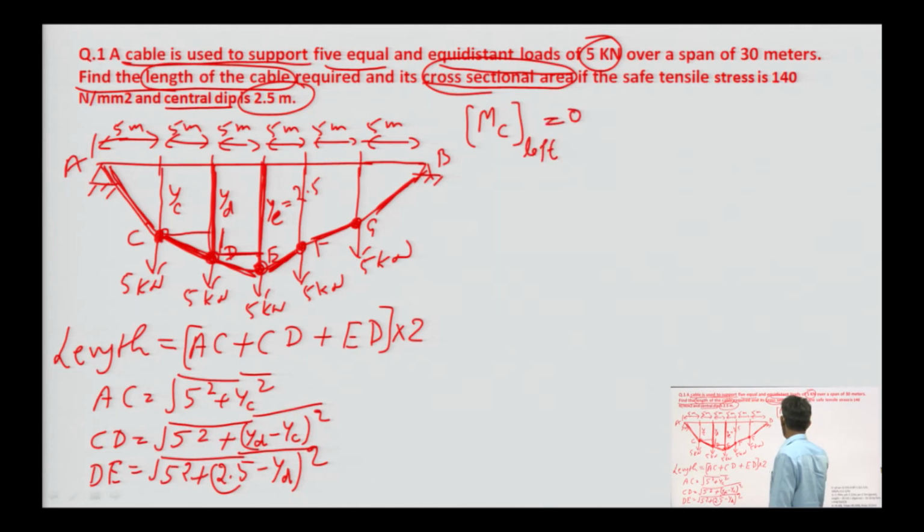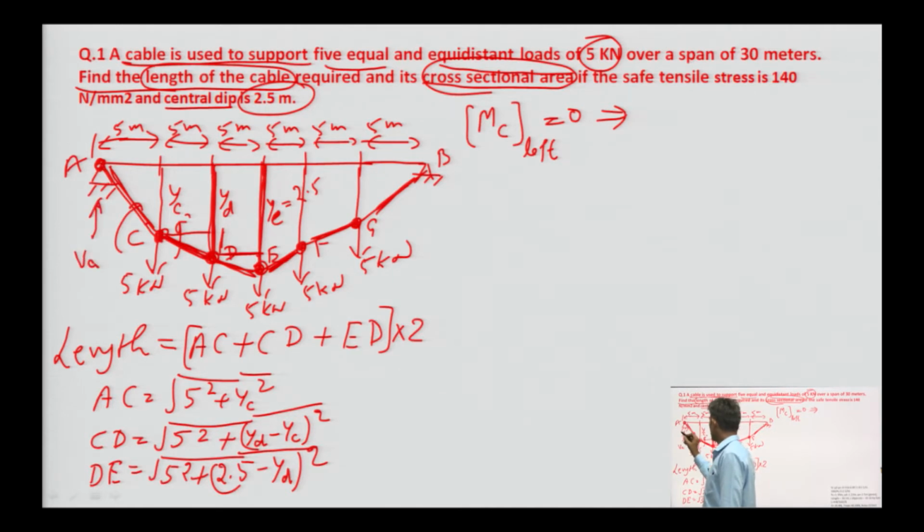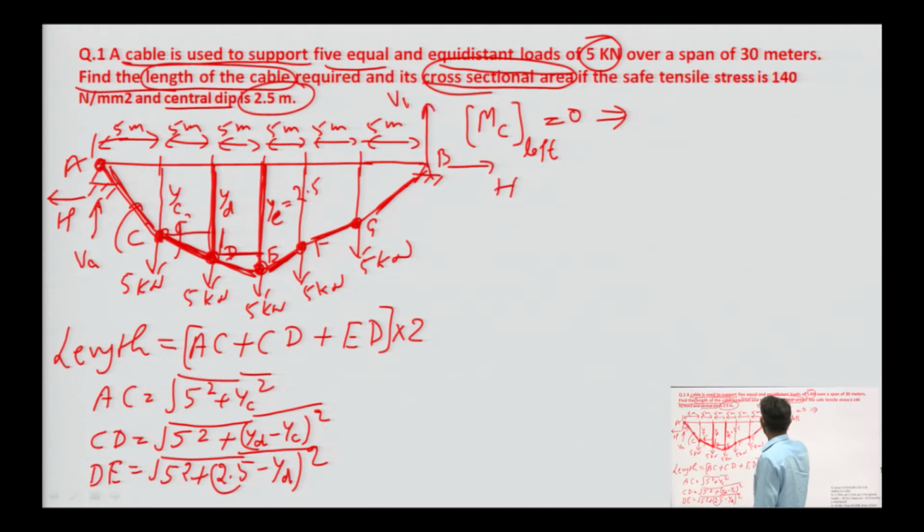We will consider only this left part. So, what will we have? We will have reactions: the vertical reaction VA, the horizontal thrust H, and the vertical reaction VB.